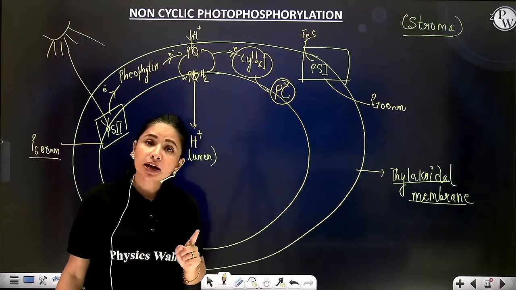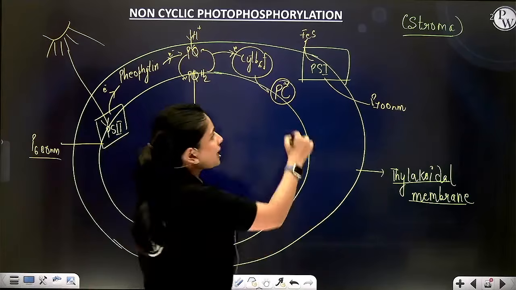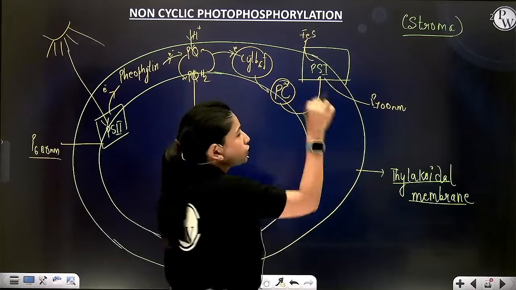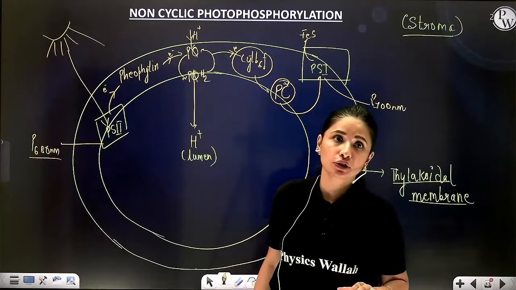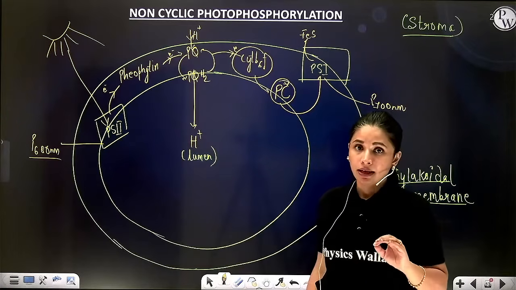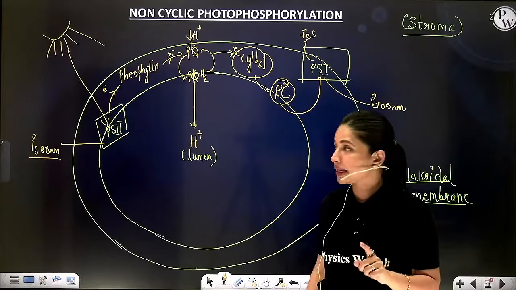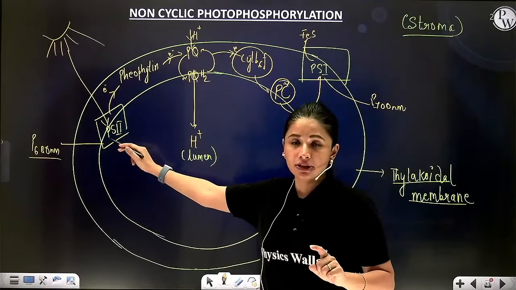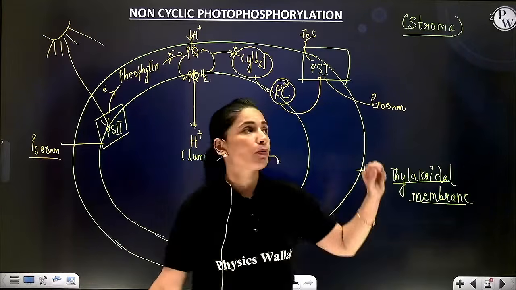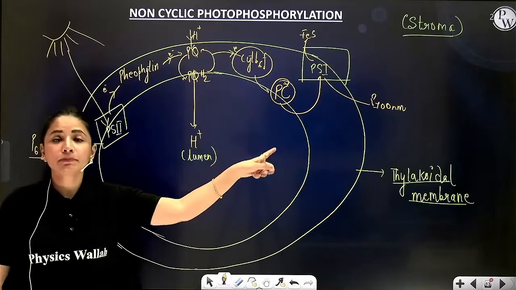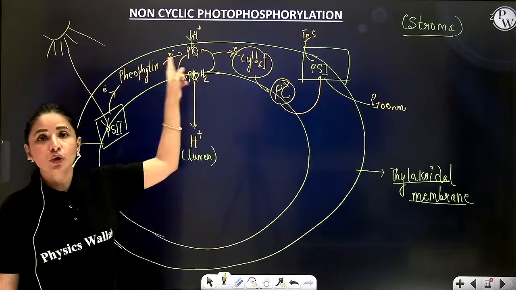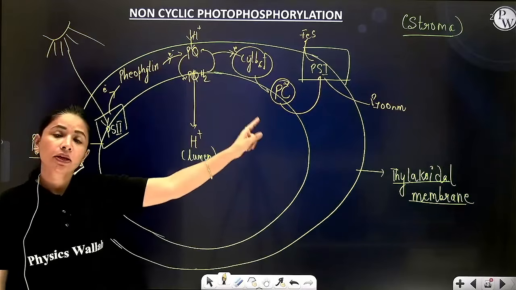So plastocyanin passes that extra electron to PS1, satisfying the condition of PS1. Now you have observed one thing, that the electron of PS2 has been transported to PS1 through various electron and proton acceptors located on the membrane.